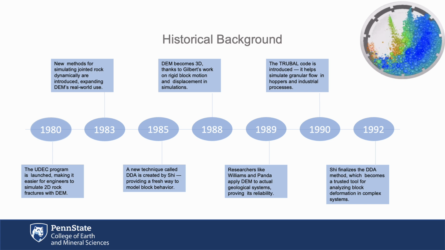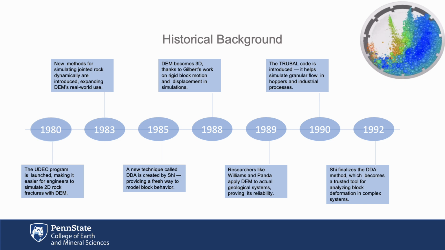In 1989, researchers like Williams and Banda used DEM to study a real rock structure. Their work proved that DEM could be used outside the lab in actual construction and geotechnical projects. In 1990, a program called Trubal was created.